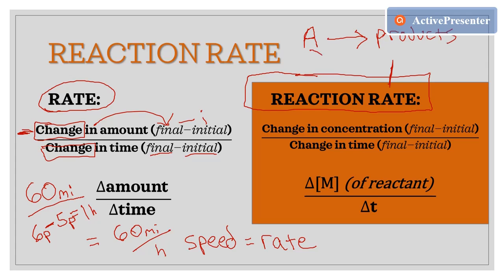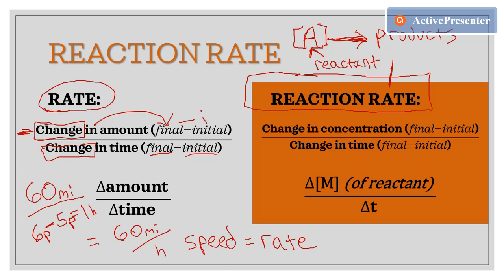Chemical A, or molecule A, is going to be the reactant. And as the molecule A breaks down into these products, the concentration of A is going to decline.